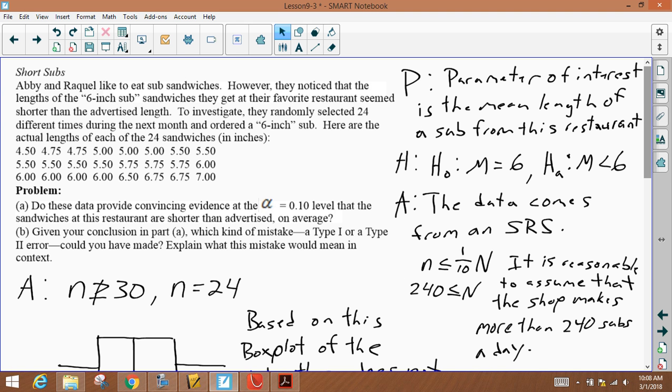Alright, so we decided to reject the null hypothesis, right? So we could have possibly made a type 2 error and failed to reject the null hypothesis when indeed we should have. Right? What does that mean?